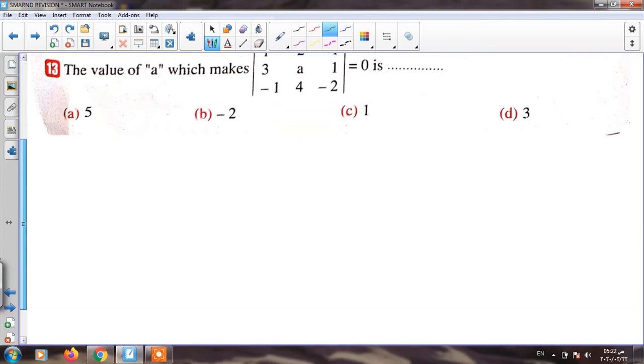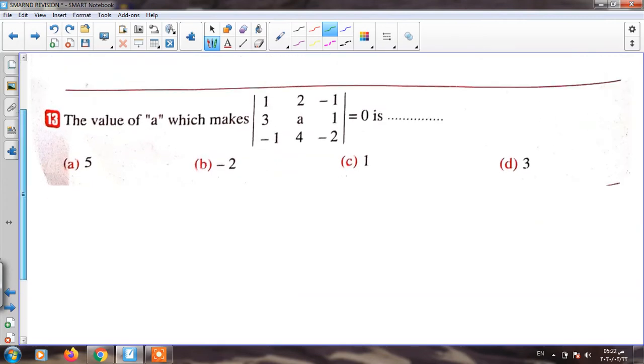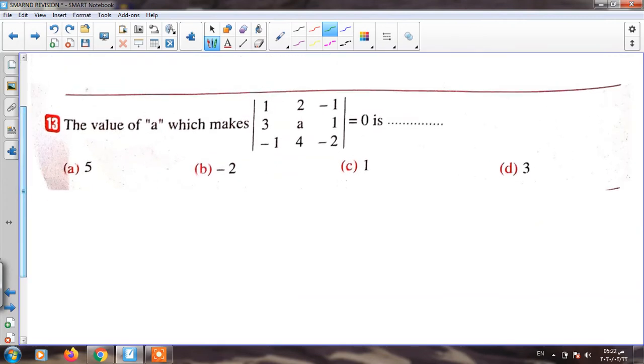Find the value of A which makes the following determinant equal 0. Okay, how can I solve the determinant? You have two ways to solve a determinant.